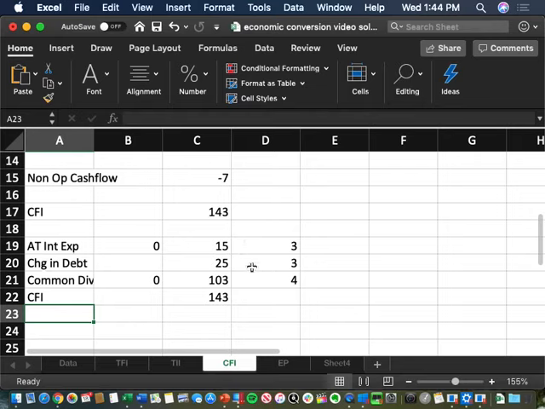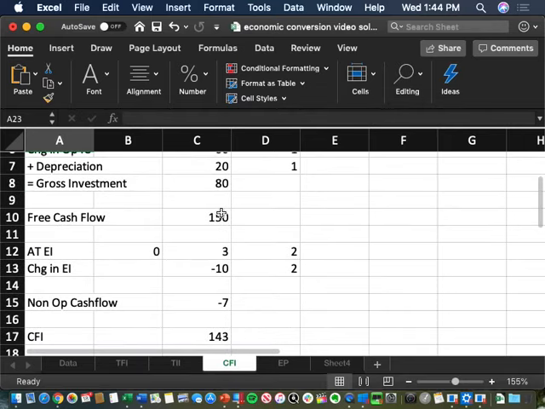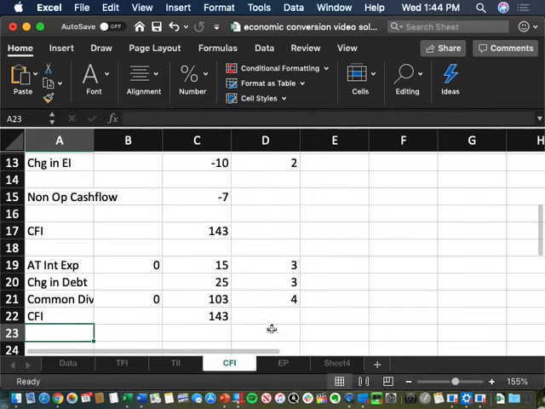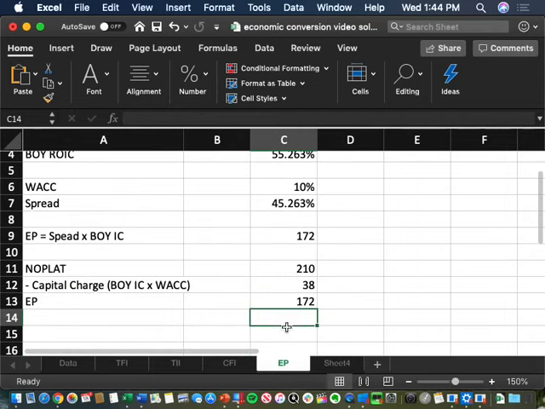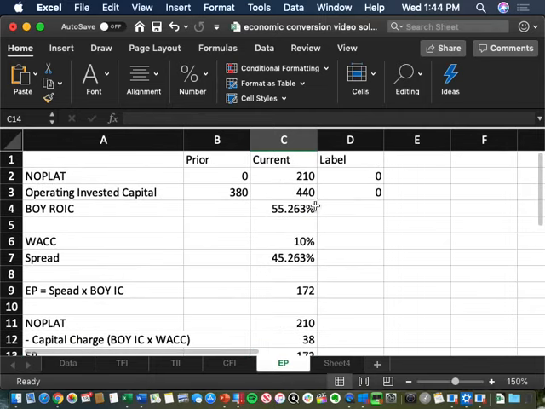Do your CFIs balance? Do you have the right free cash flow? Do your economic profits balance? Do you have the right beginning of year ROIC? That's how you're going to be graded. Even if you have the right ROIC, even if you have the right free cash flow, if you don't have balancing statements, you're not getting credit for the statements.